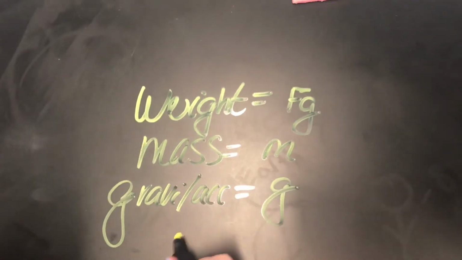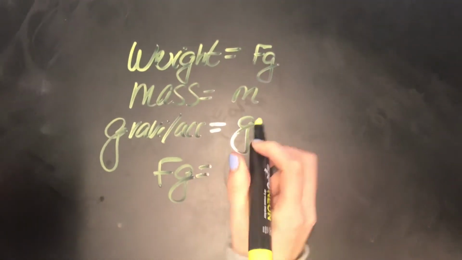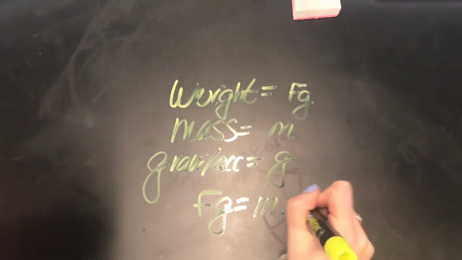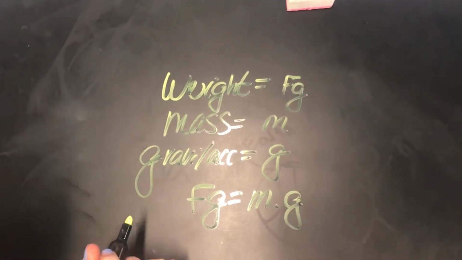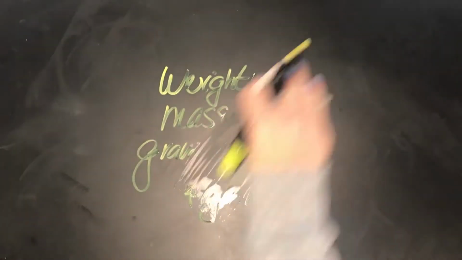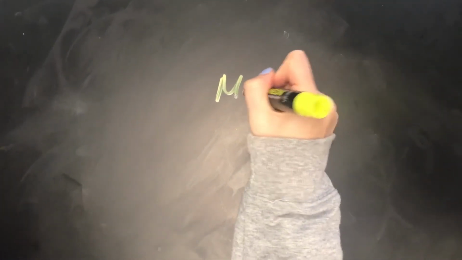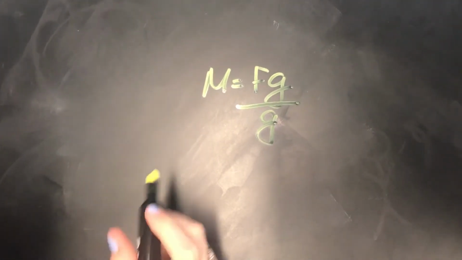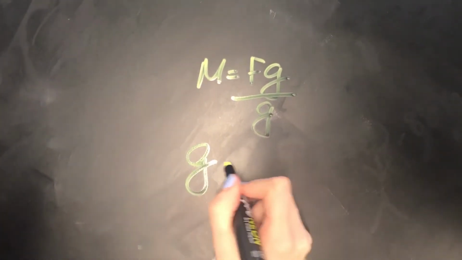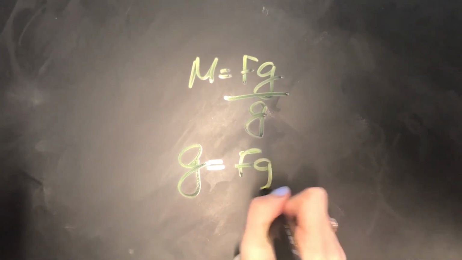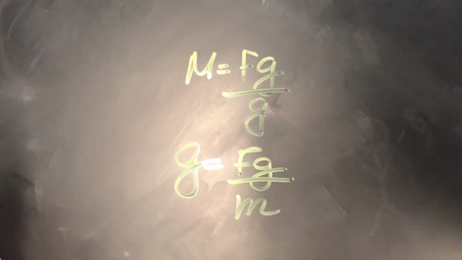So when you want to find weight, you do Fg equals m times g. When you want to find the mass, you do m equals Fg divided by g. And whenever you want to find the gravity, you do g equals Fg divided by m.